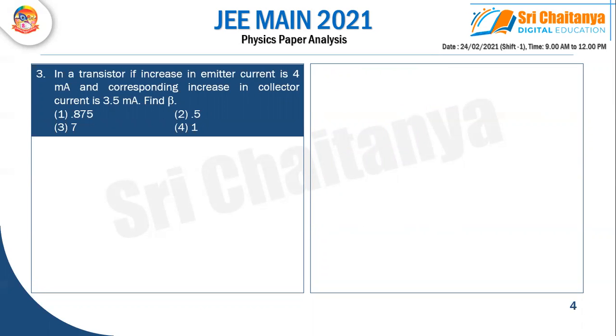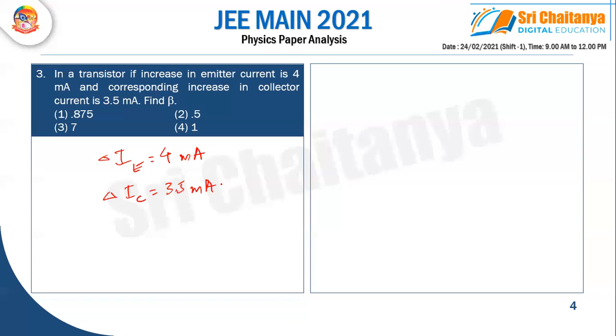Now, in a transistor, if the increase in emitter current is 4 milliamperes and the corresponding increase in collector current is 3.5 milliamperes, find beta, he says. So the increase in emitter current he has given as 4 milliampere, and the increase in collector current he has given as 3.5 milliampere.